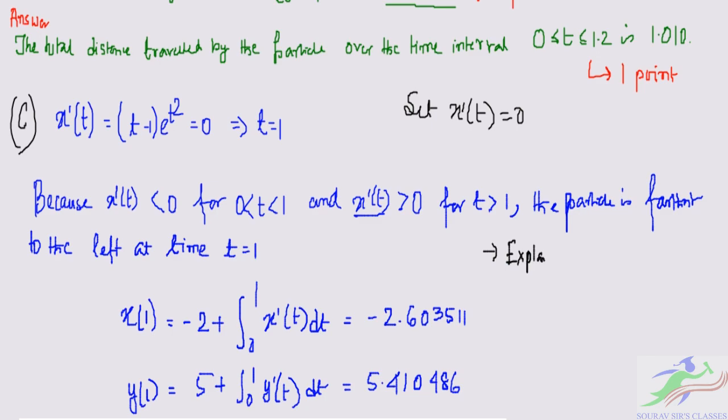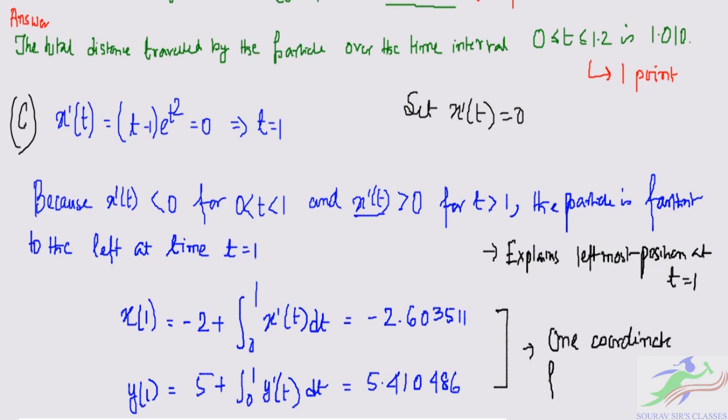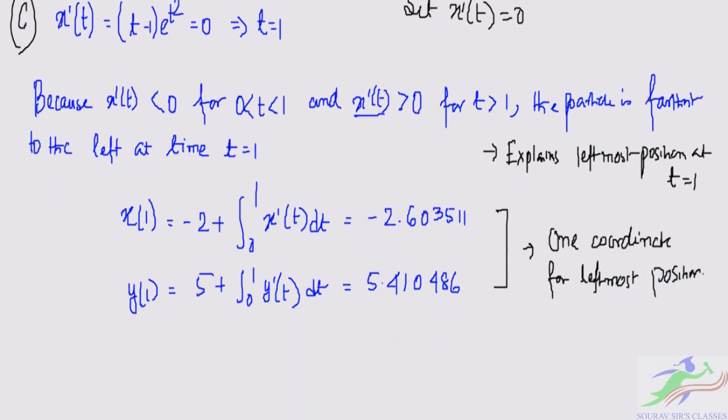That explains the leftmost position at time t equal to 1, and here you have found the coordinates for the leftmost position. So now we have found the 2 points.